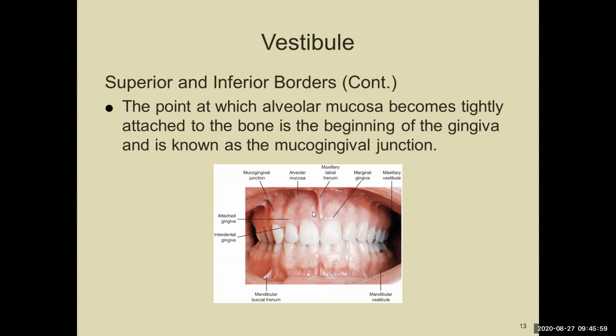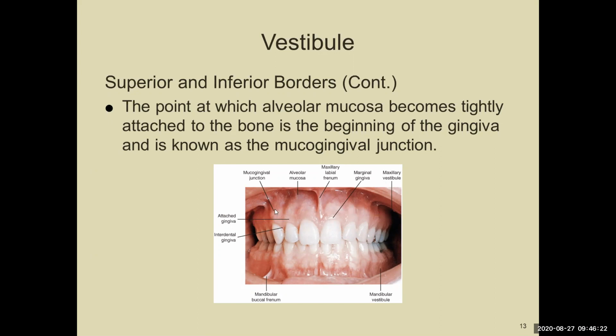When you take your lips and pull them away from your mouth, you're going to see a difference in color. The labial or buccal mucosa is thin and movable, and then it attaches at a certain spot, and that's the mucogingival junction.